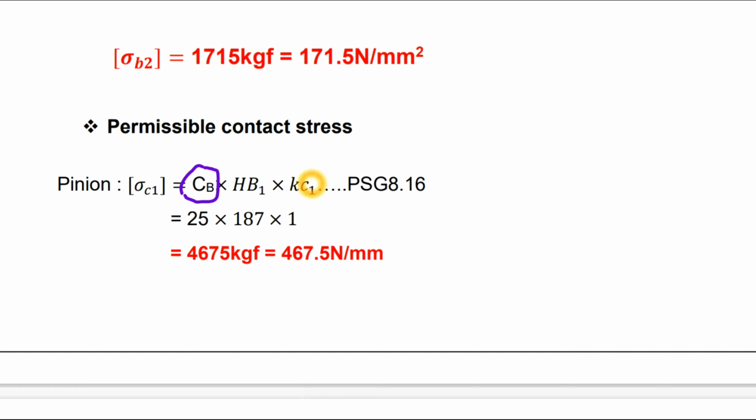Kc1 is the life factor, which we will get from table number 17 on data book page number 8.17, and for this the value is 1. We will take the value 1. And next is the surface hardness, which is HB1.